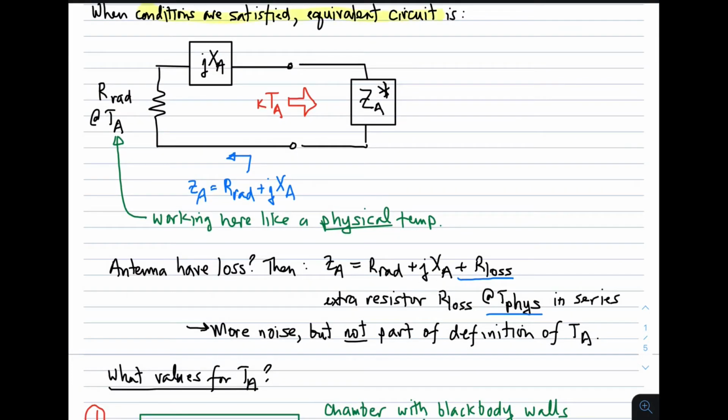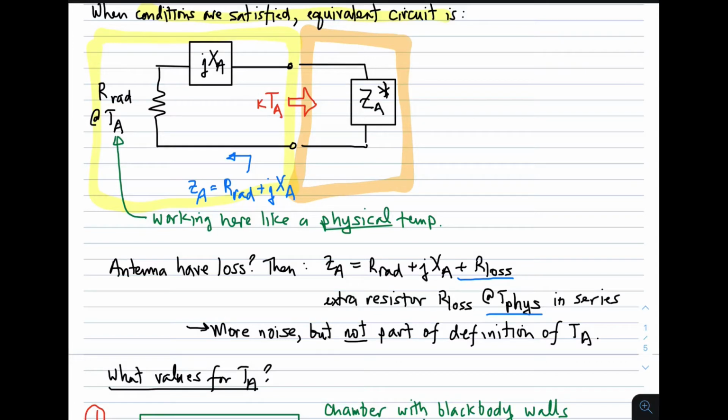When these conditions are satisfied, the equivalent circuit becomes the one shown here, where on the left we have an equivalent circuit for the antenna as a Thevenin equivalent circuit source. And on the right, we have an equivalent circuit for the receiver, which is simply an impedance as a load.